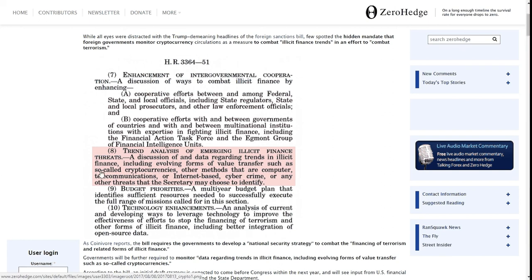And one is to monitor the trends using cryptocurrencies and other methods that are internet-based. And I guess the question I have is, my God, isn't the dollar bill the biggest currency that the criminals use?